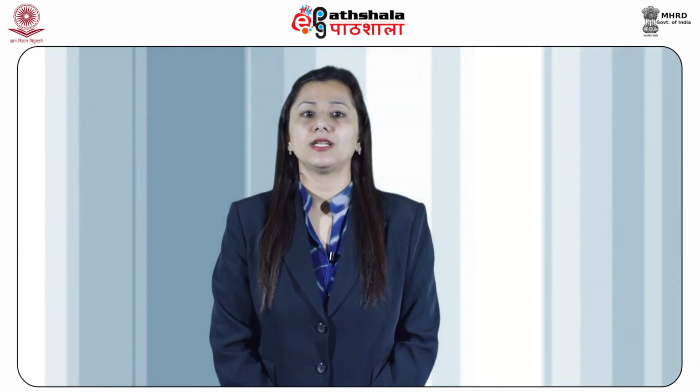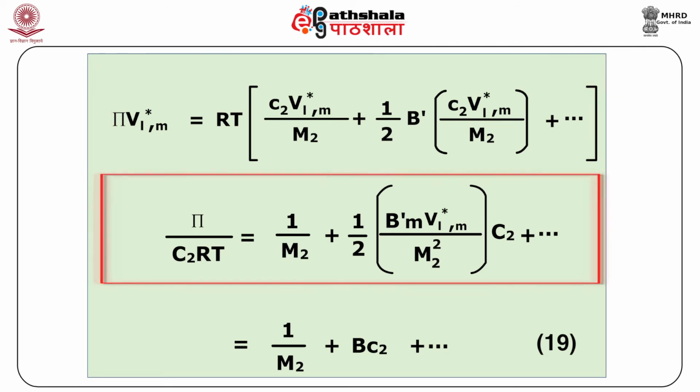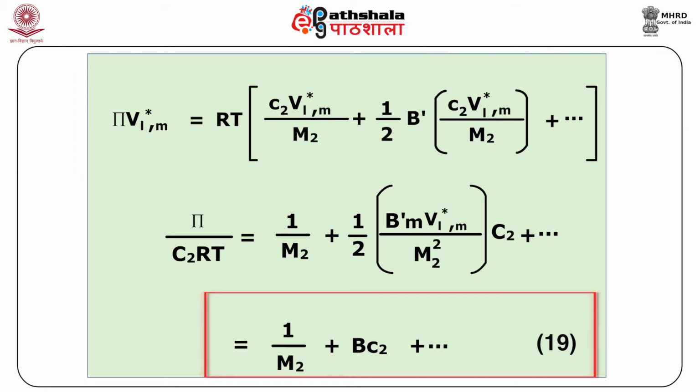Substituting equation 18 in equation 15, we get pi V star Lm equals to RT into C2 V star Lm divided by M2 plus half B prime C2 square V star Lm by M2 square plus so on, or pi by C2 RT equals to 1 by M2 plus 1 by 2 into B prime V star Lm by M2 square into C2 plus so on, which can be further written as 1 by M2 plus B times C2 plus so on, as our equation 19.